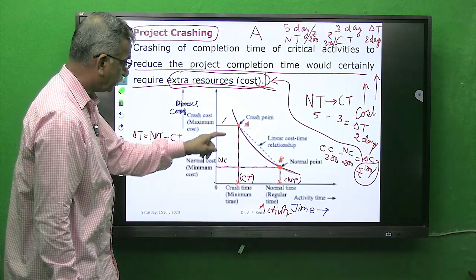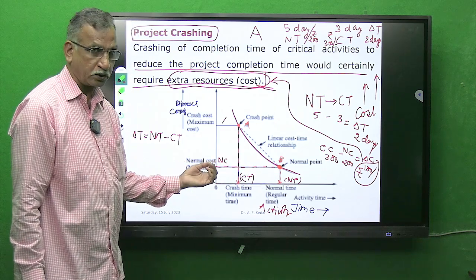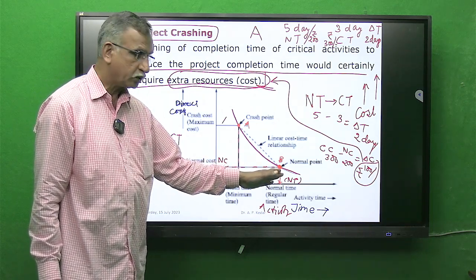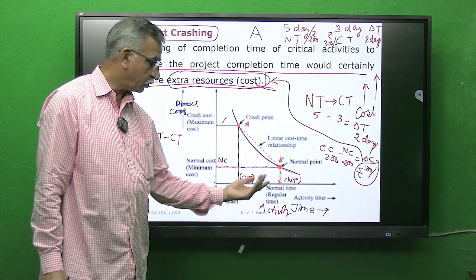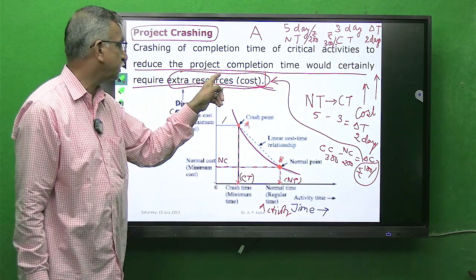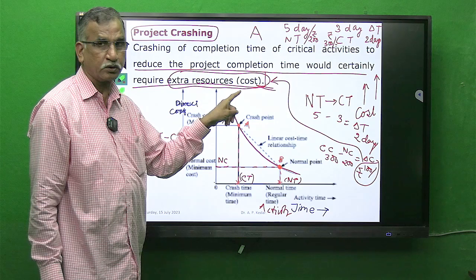Now, coming to the costing. The moment you attempt to complete that activity before normal time, extra cost is incurred.